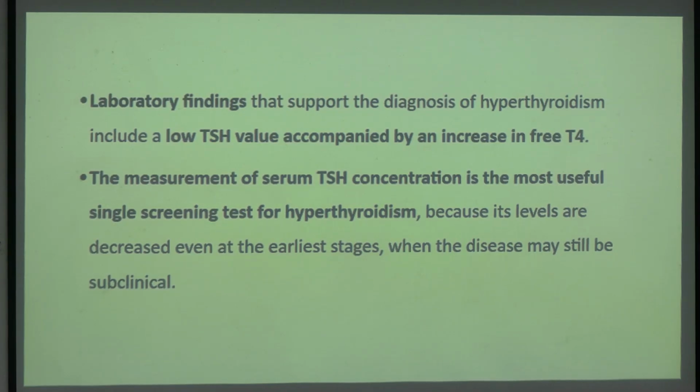The measurement of serum TSH concentration is the most useful single screening test for hyperthyroidism. This is the most important test because its levels are decreased even at the earliest stage when the disease may still be subclinical.